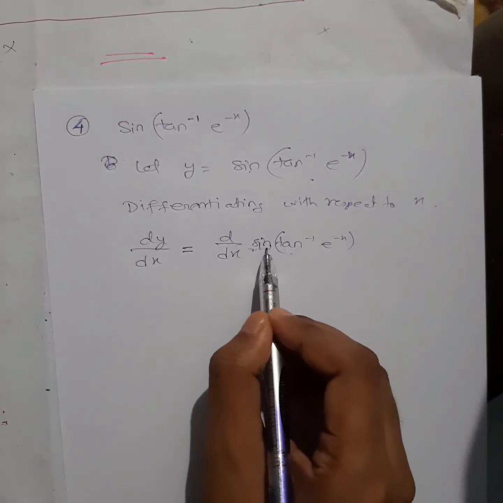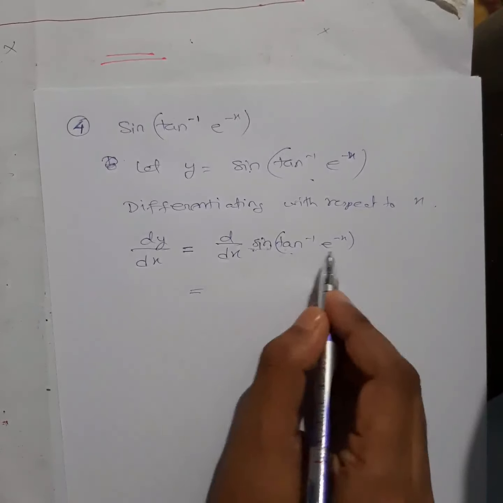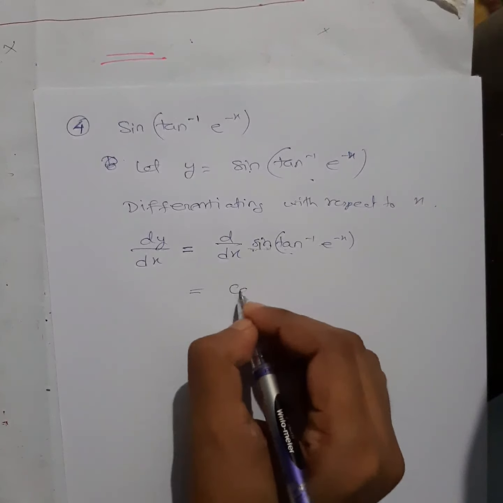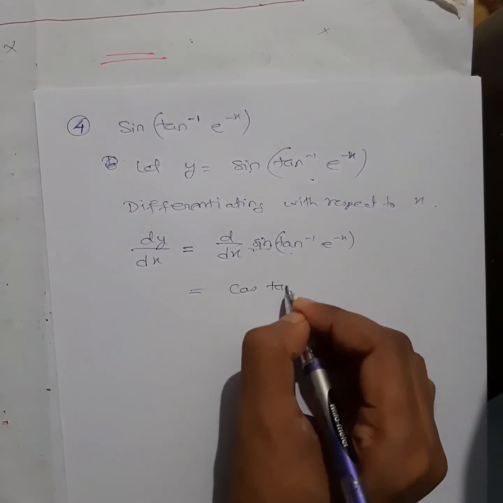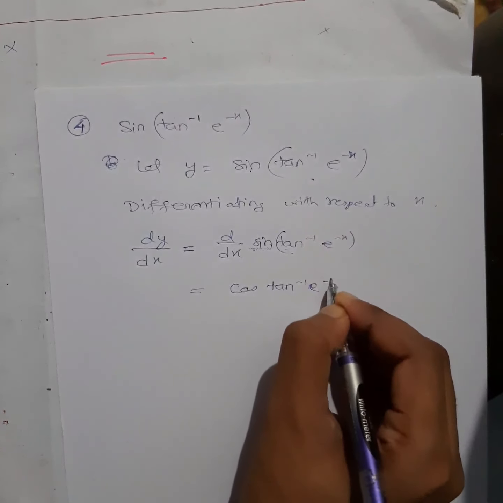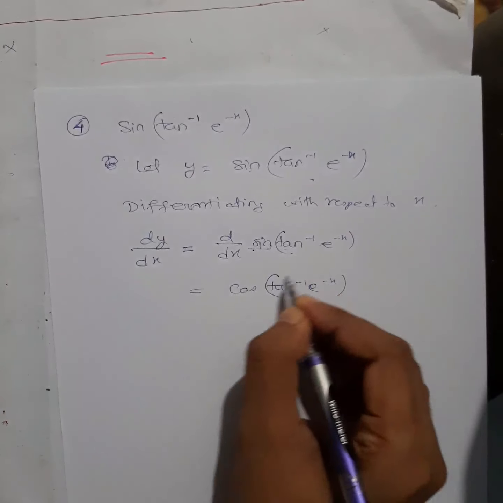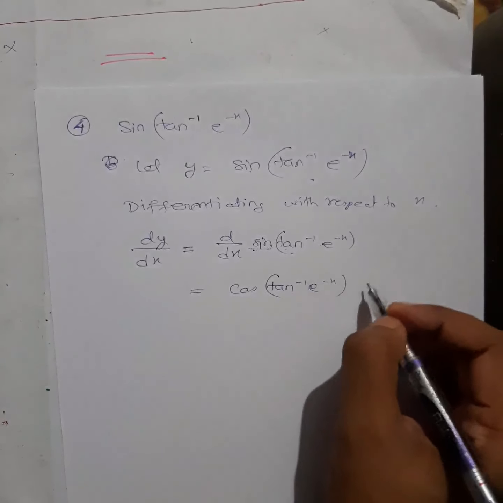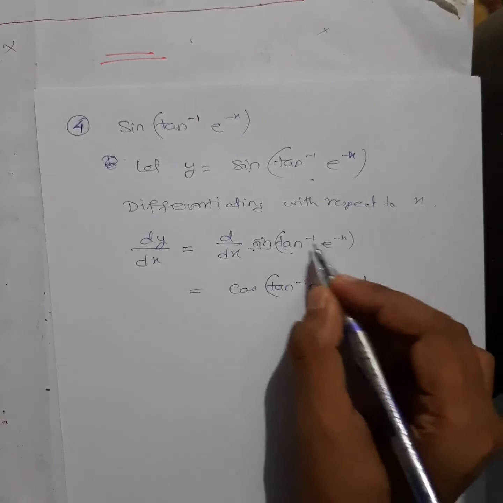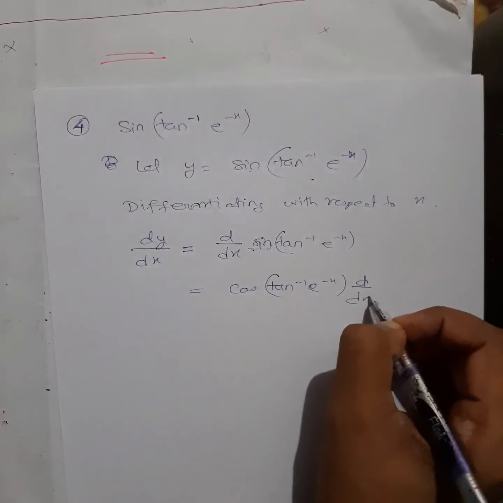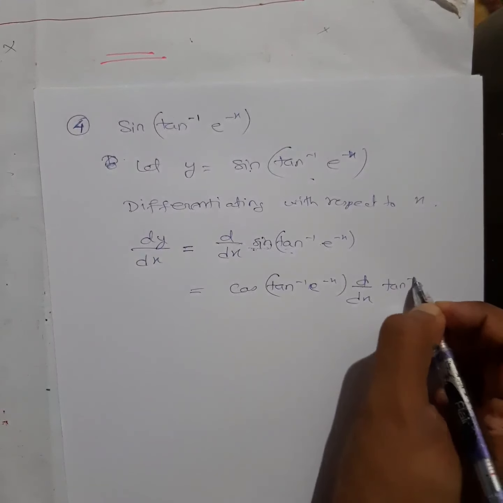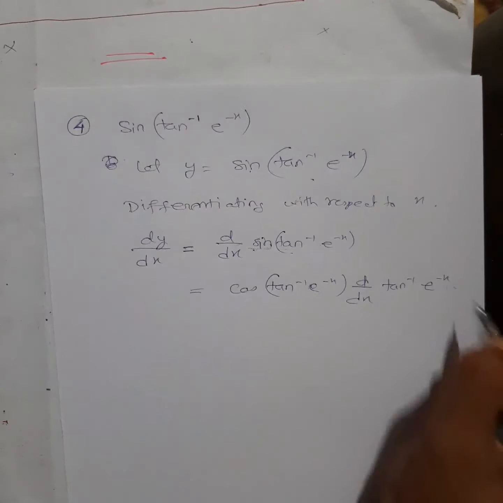So if this is sin x form, what is the differentiation of sin x? It is cos x. This is your x. Now in place of x you have this, so we have to differentiate this one again: d/dx of tan inverse e to the power minus x.